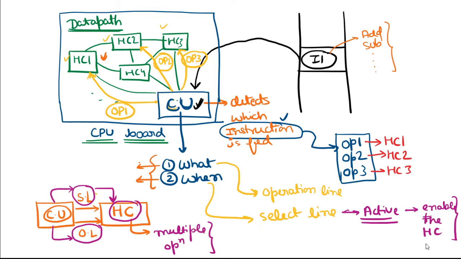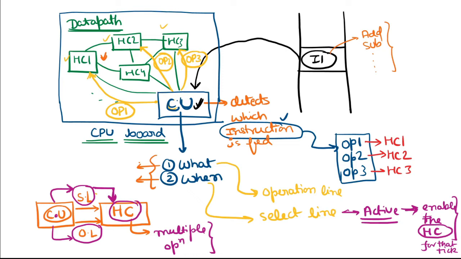Which specific tick this hardware component will be doing something is defined by the control unit and sent as a signal via the select line. So through the select line, the control unit tells the hardware component when to get active, when to perform a certain operation. I think till now everything is clear.